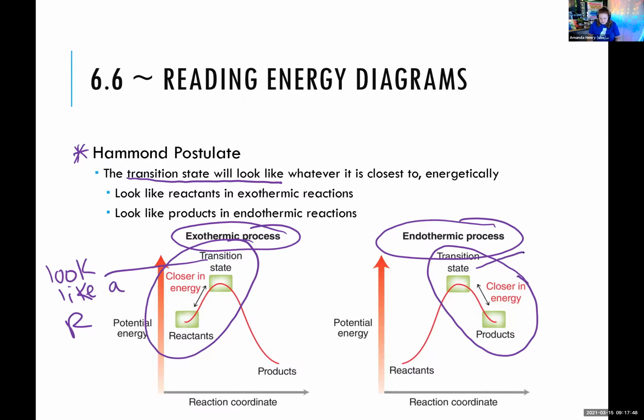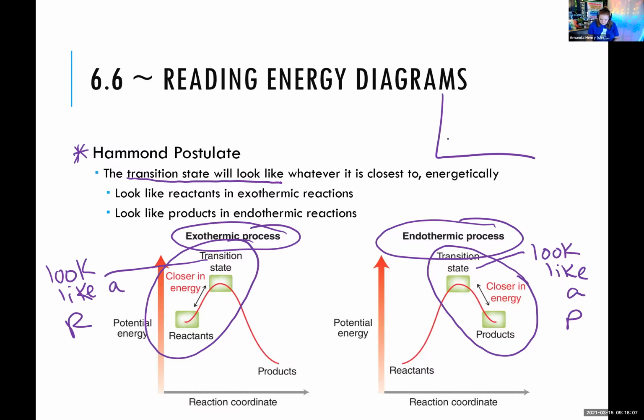So our transition state is going to look like a product. Those new bonds are maybe 3/4 of the way formed, and the old bonds are 3/4 of the way broken. So it's almost finished, whereas with the exothermic, it's just getting started.